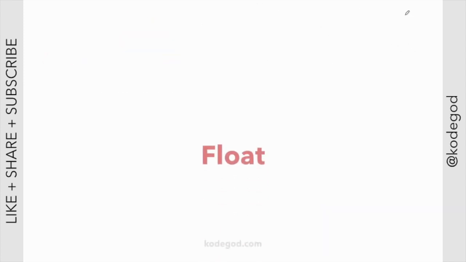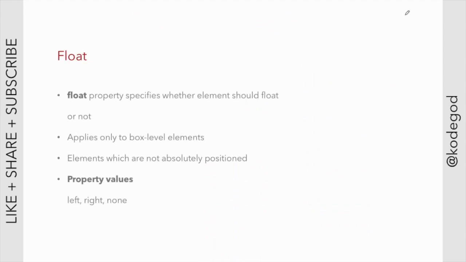So finally we'll talk about the float property, which is also important when we have to position our elements properly. The float property specifies whether the element should float or not, and it applies to box level elements only. It makes sense to use this property where the elements are not absolutely positioned, and values for the float property are left, right and none.